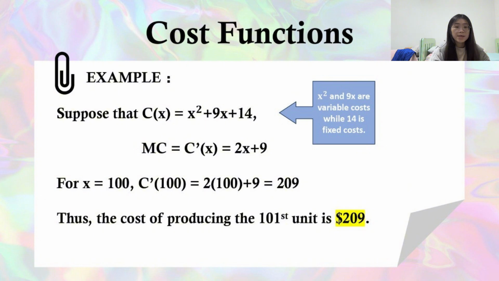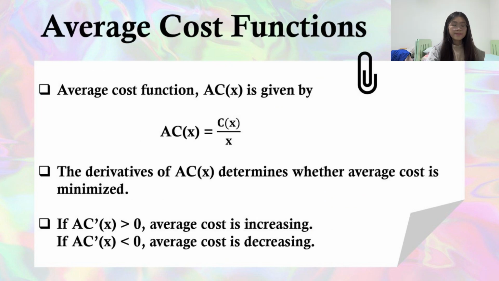From this, we can make a conclusion. The cost of producing the 101st unit is $209.